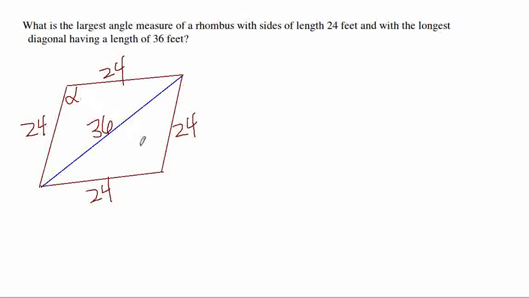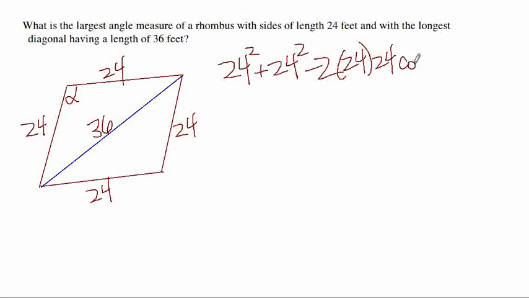So let's call that alpha. All right. So we can use the law of cosines to find that. 24 squared plus 24 squared minus 2 times 24 times 24 times the cosine of alpha is equal to 36 squared.